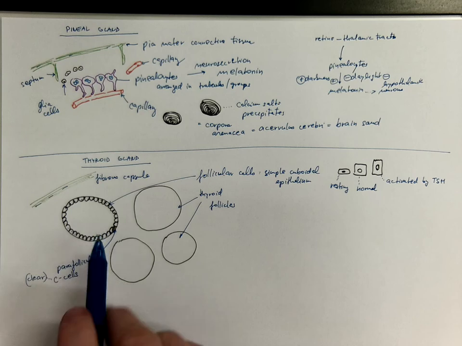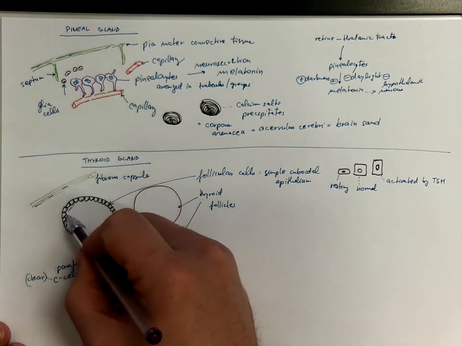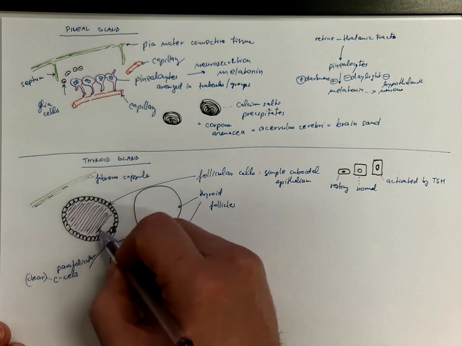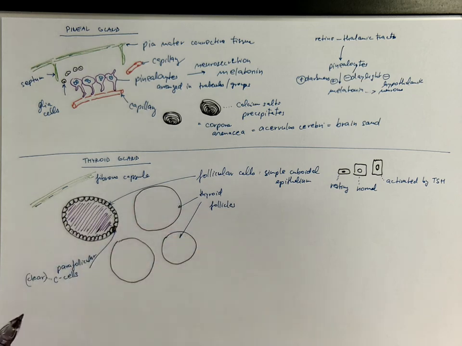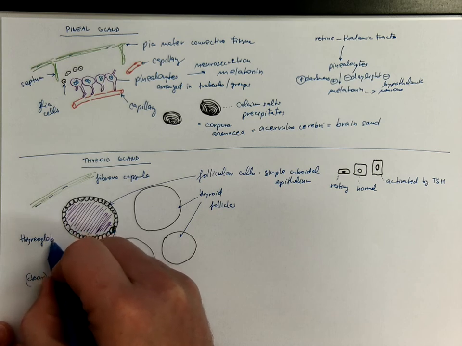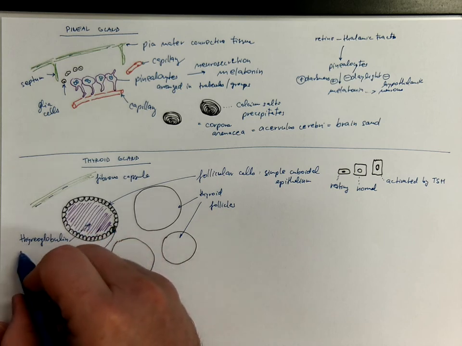Okay, first to the activity of follicular cells. Inside we can find a substance called thyroglobulin, also known as the colloid.